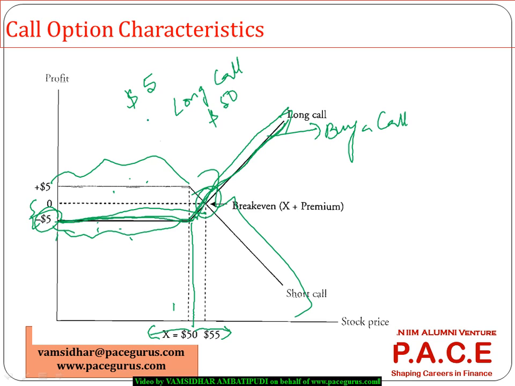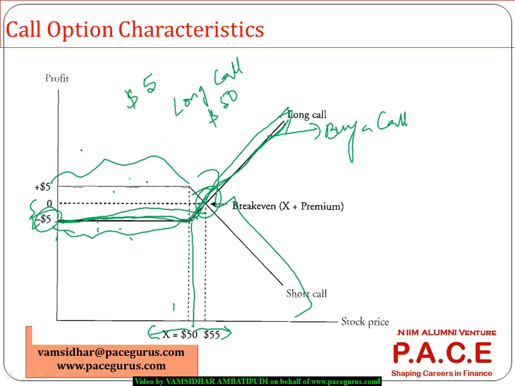Today I am paying you $5 because I have bought the option, and on the expiry date I have to pay you $50 to purchase the share. Overall my cost is $55, right? So the break even for me comes only if the market price touches 55 or more, not 50.